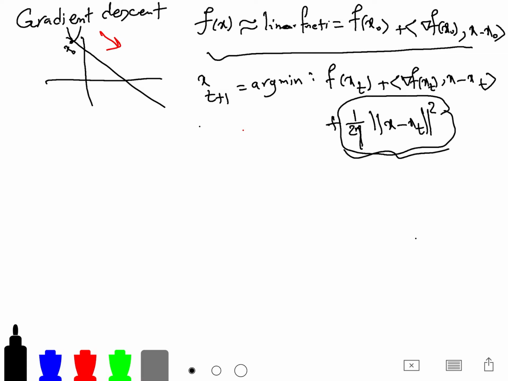And so you take the derivative and set it to 0 as usual.